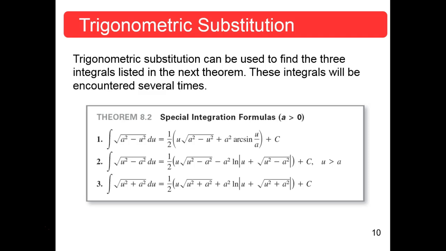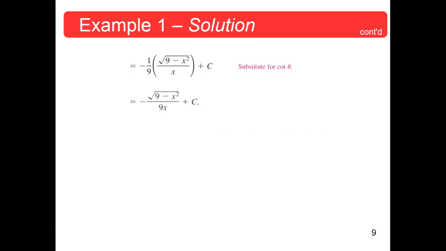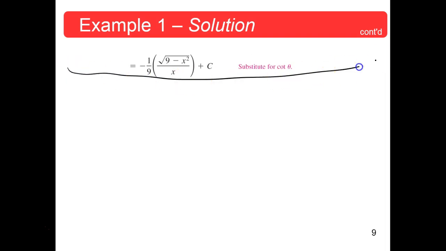That was example 1. We've got 2, 3, and 4 all to do. Okay? So let's back up before we do that and do 2, 3, and 4. Any questions before we get going on?